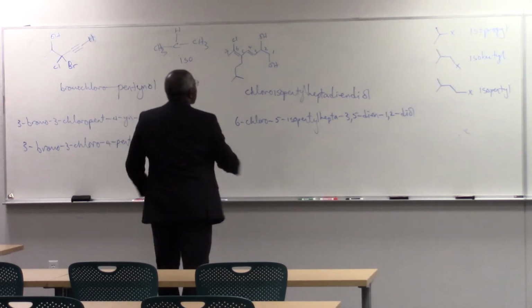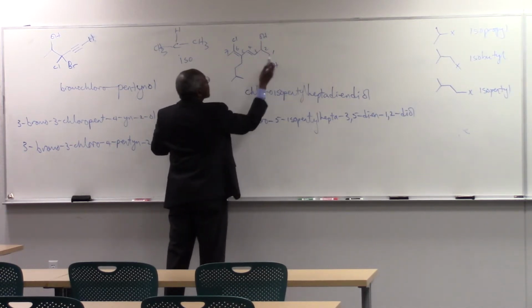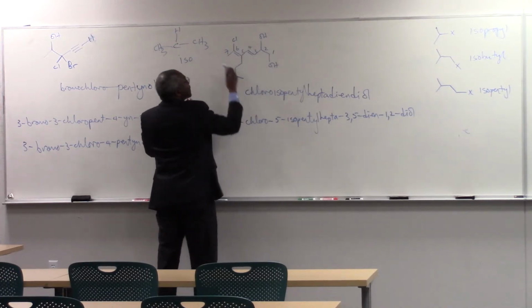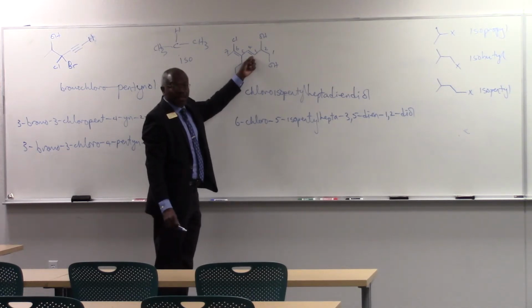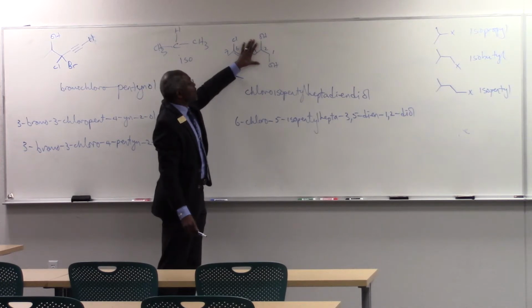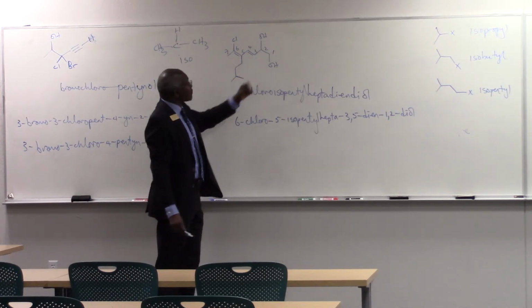So if I look at this compound, this vinylic carbon has H and that group, so that's a candidate. This one has H and that group. So neither vinylic carbon for this carbon-carbon double bond has the same 2 groups. Therefore, there is a possibility of geometric isomerism about this carbon-carbon double bond.